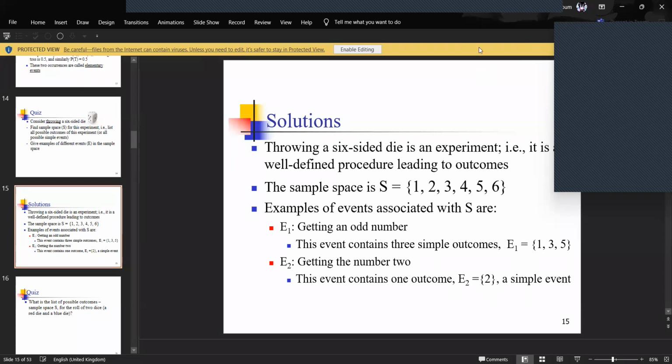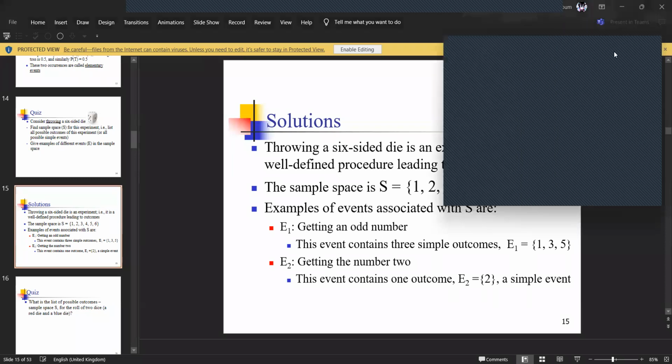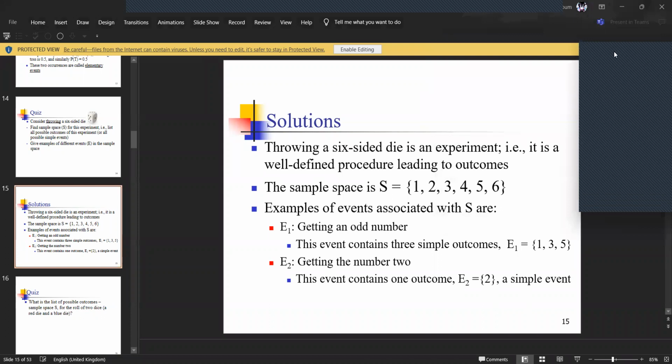What do you mean by simple event? A simple event is, to give you the basic idea, when you roll a dice, any unique outcome is a simple event, right?